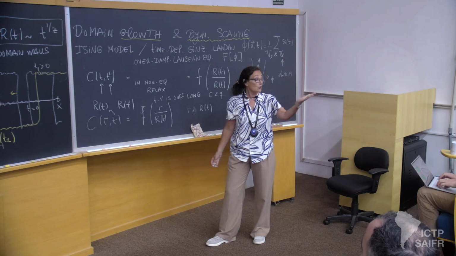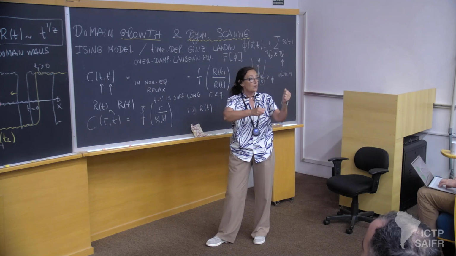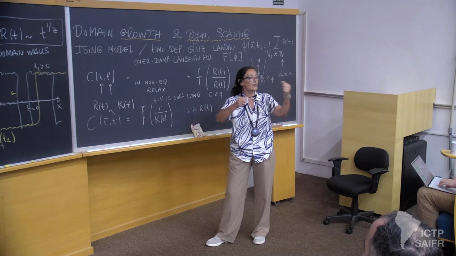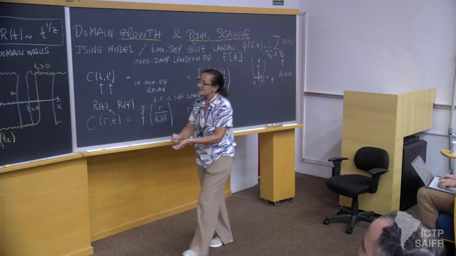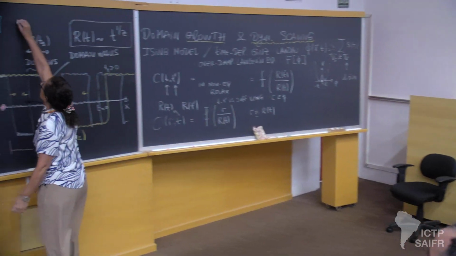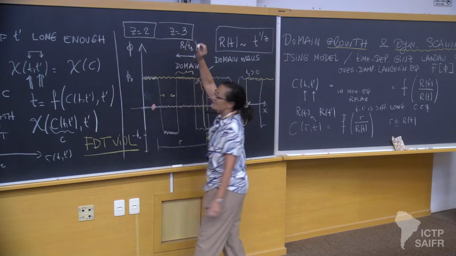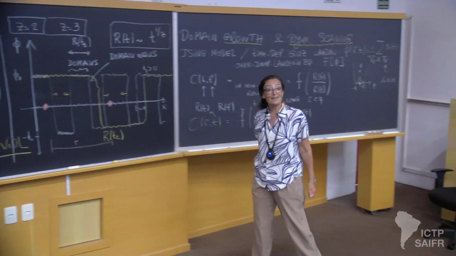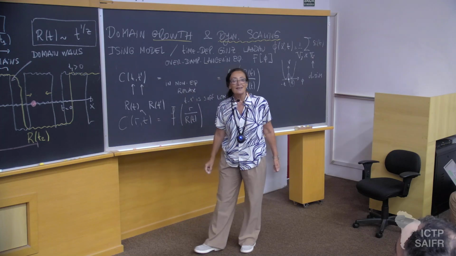So for example, if you conserve magnetization and you consider the problem of phase separation, where you cannot kill a particle to create another one, so you cannot kill oil to make water, you just have to exchange. In those cases, z is equal to 3. Remember the 3 I was talking about in the colloquium? So that's this number 3.